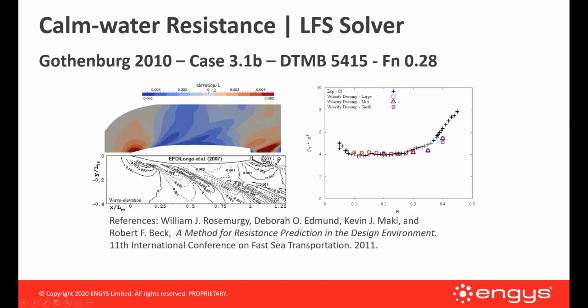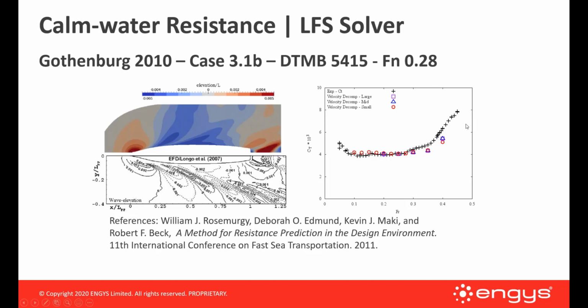This is the Gothenburg 2010 workshop, case 3.1b, the US Navy combatant DTMB 5415 hull form. On the left side here, you can see the results of the CFD versus the experiments for a specific Froude number, a specific speed, and you can see the correlation with the experiments.